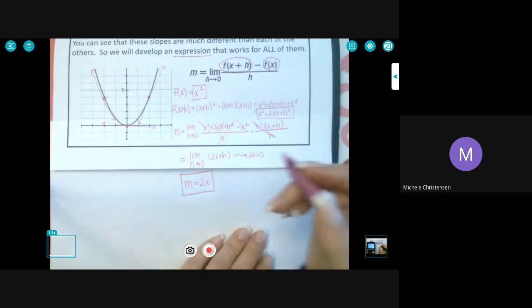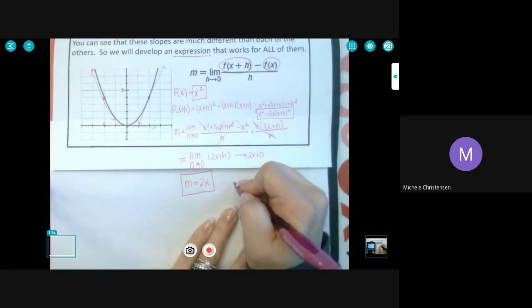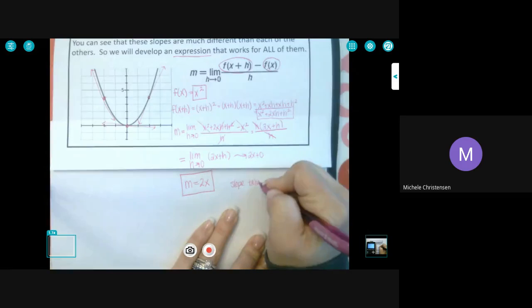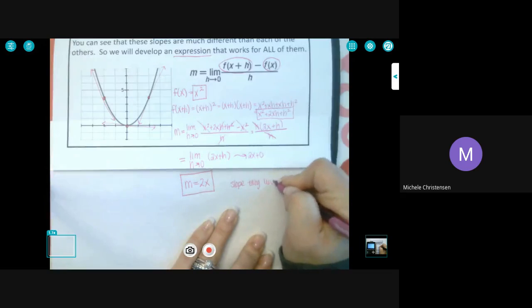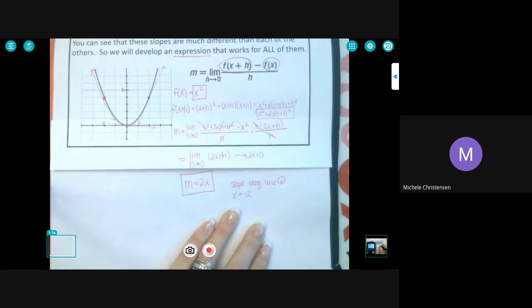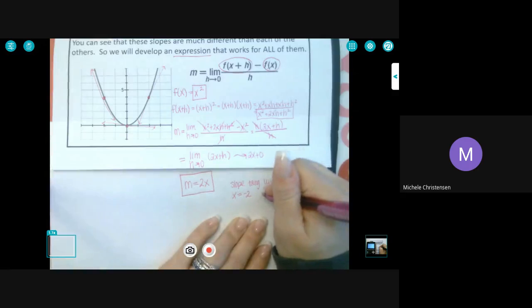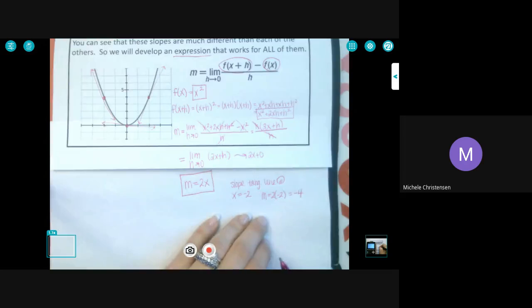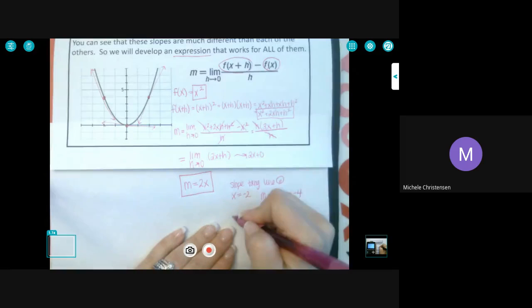If I want to know what the slope is for the tangent line at x equals -2, I'll take -2 and plug it into my expression. So the slope equals -4. What's the slope at x equals 0?